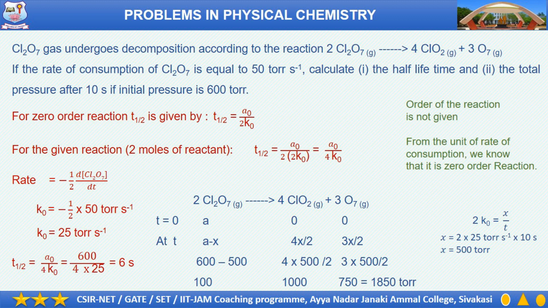After subtracting the consumed amount, the pressure after T due to the reactant is 100 torr. What is the pressure due to ClO2 after the time T? You put X is equal to 500 here, you will get 1000 torr. And for this one, you will get 750 torr. Sum this, you will get 1850 torr after the time T.